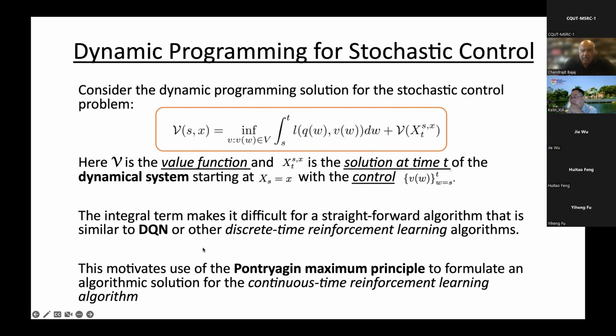And the problem here is that if you're trying to apply the straightforward algorithm using something like a deep Q network or doing discrete time, this integral will kill you, because how you adaptively sample this integral for accuracy is based on the objective of this cost functional. And for the number of times you make this discretization, you have to make a decision of choosing the correct action based on a policy. So there are too many decisions to make as you go along.